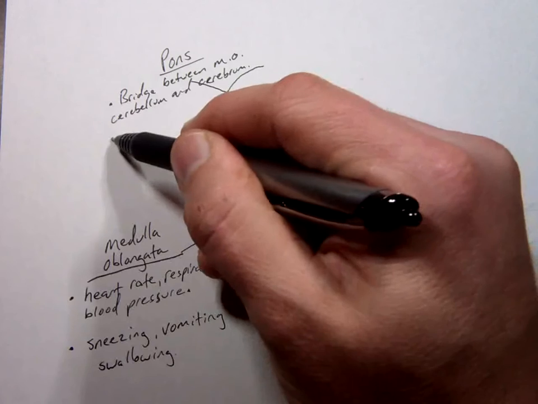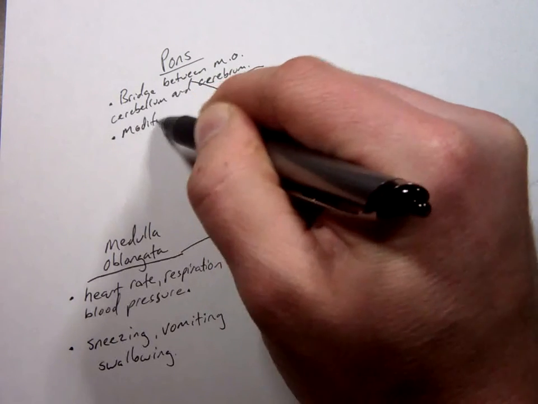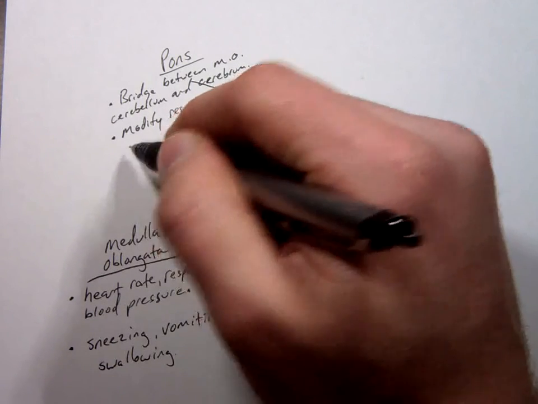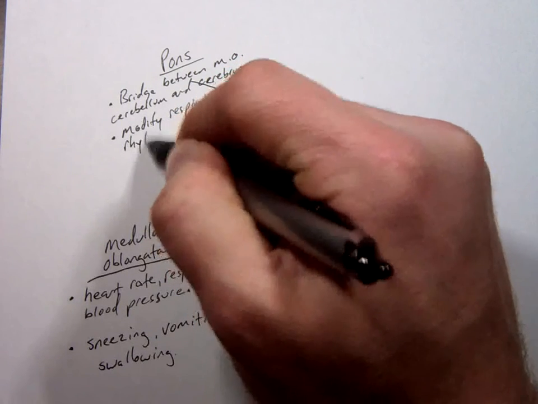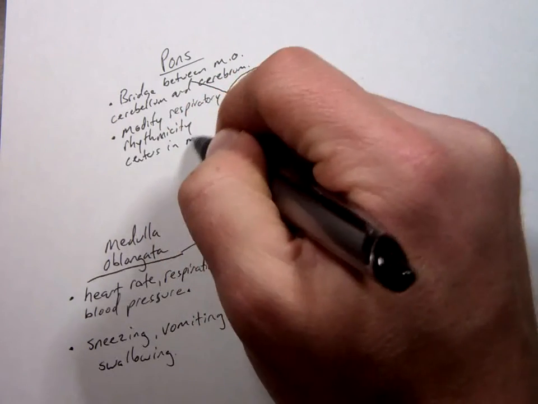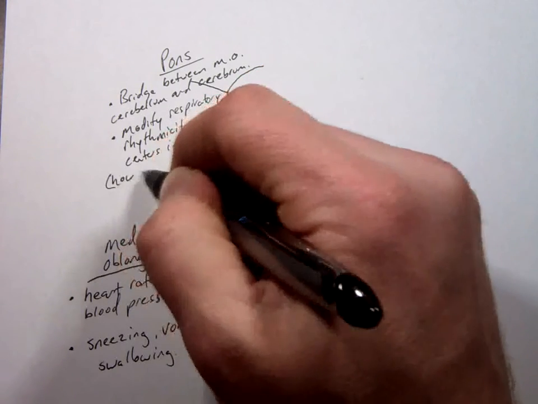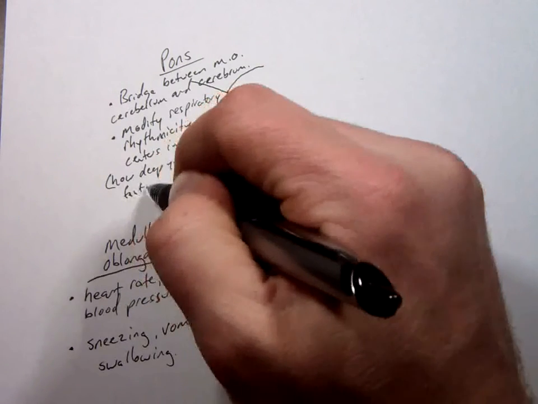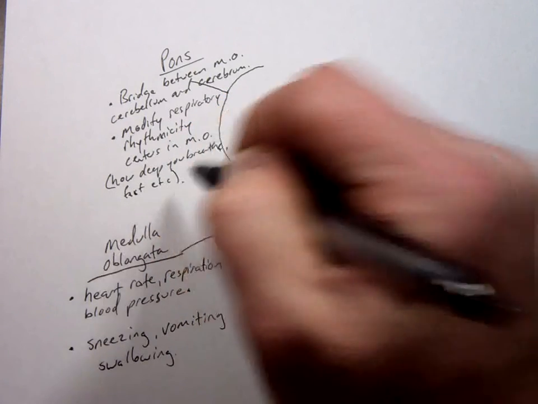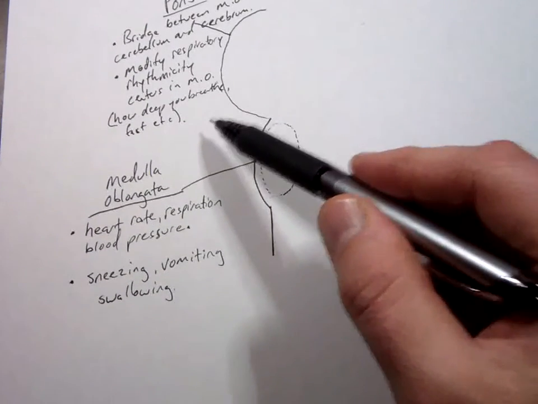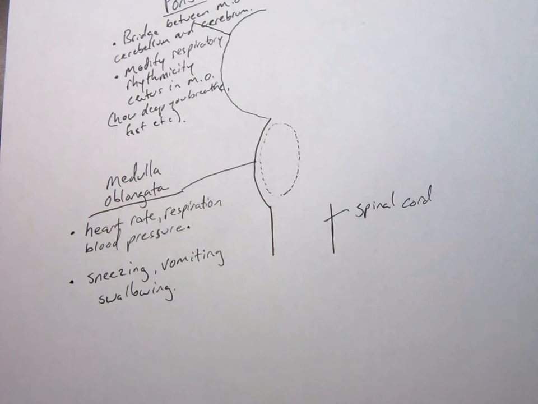It also has the ability to modify respiratory rhythmicity centers in the medulla oblongata, more or less dictating how deeply you breathe, how quickly you breathe, things like that.